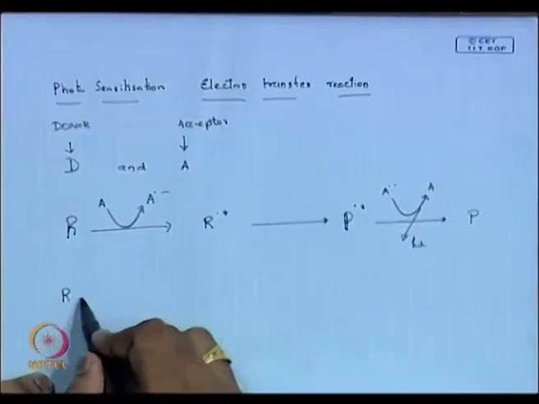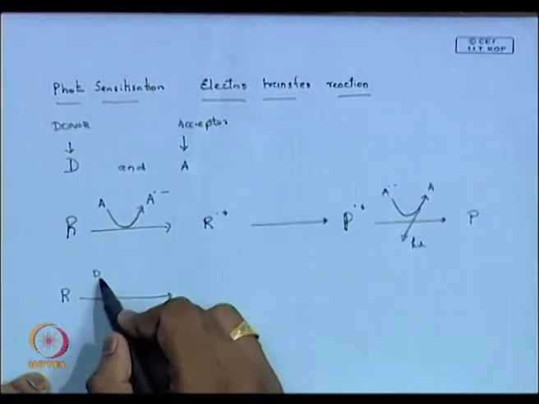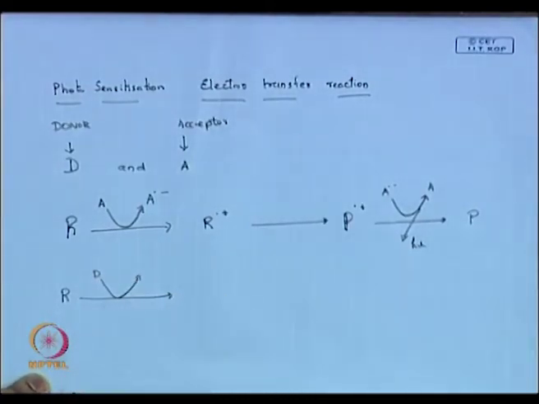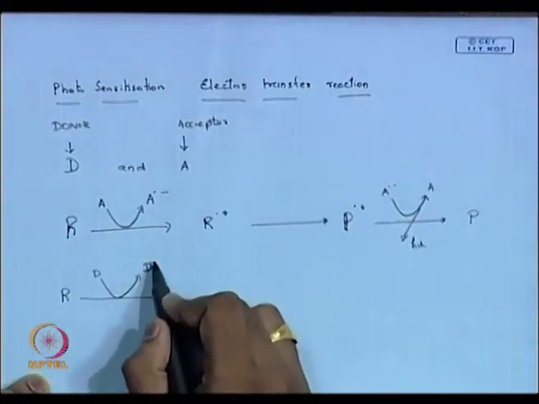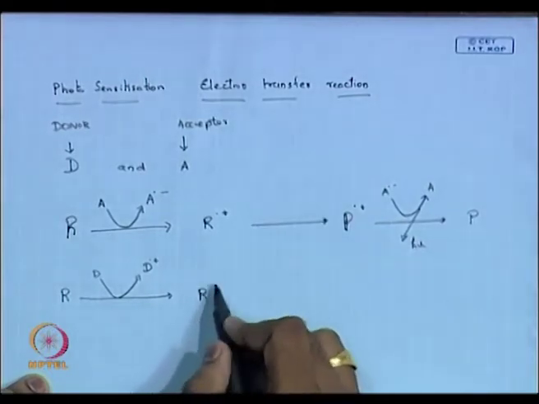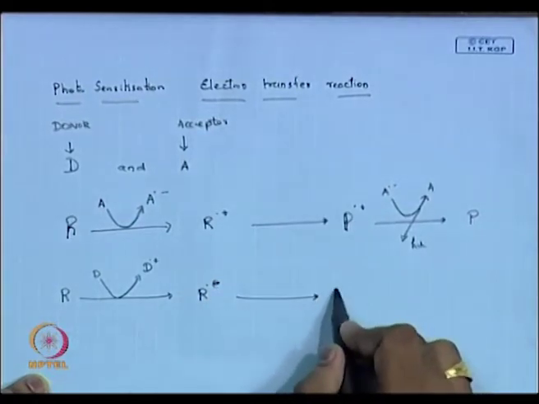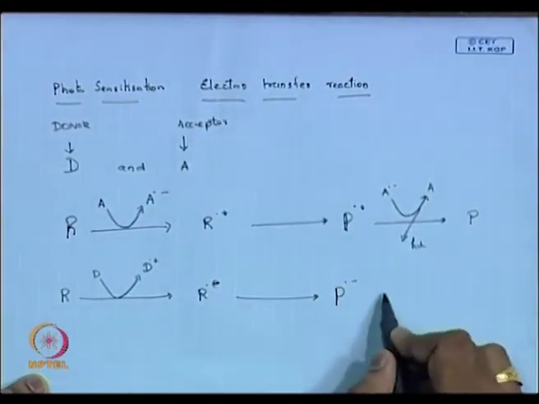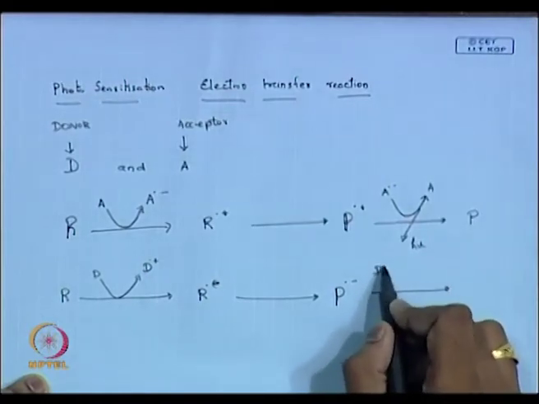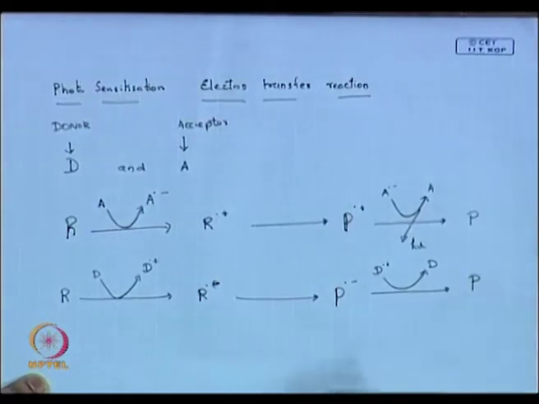In the same way, if it is a donor, what does the donor do? It is the other way around. So, I get an R dot minus, which can then give me P dot minus. So, this is the way it works, fine.